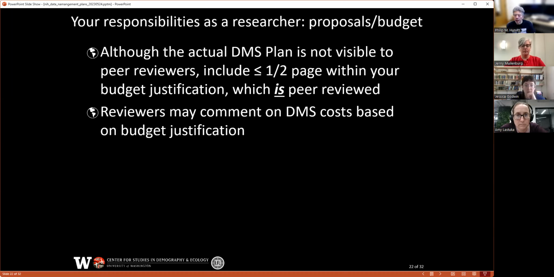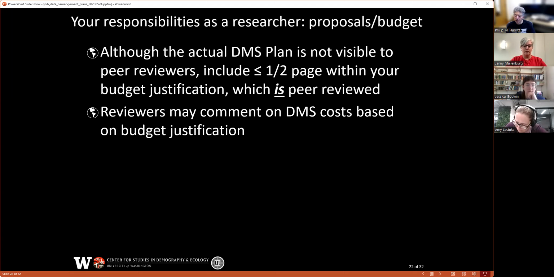Okay, in terms of budget, the actual data management and sharing plan, that 2-page or more plan itself, is not visible to your peer reviewers, but you should include something that's less than half a page in the budget justification.